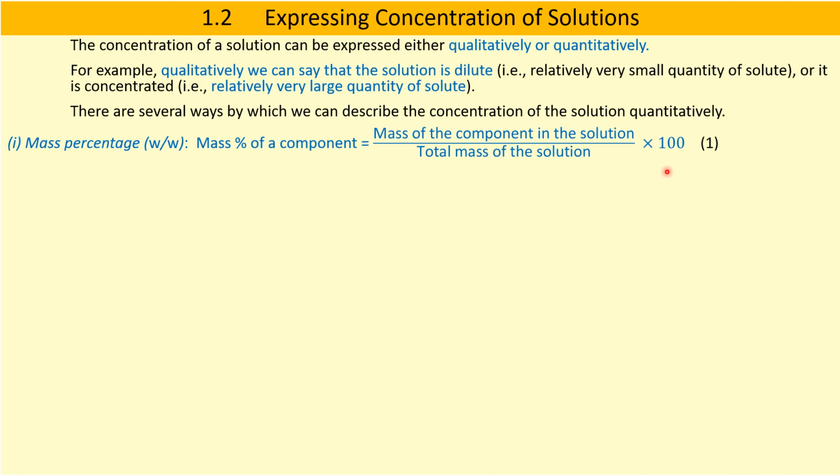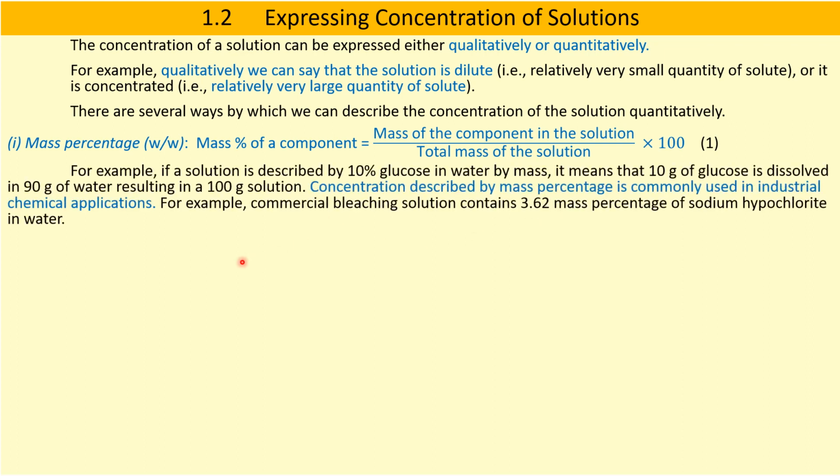Let it be equation 1. So I will repeat, mass percentage, weight by weight, is defined as mass percentage of a component equals mass of the component in the solution divided by total mass of the solution into 100.